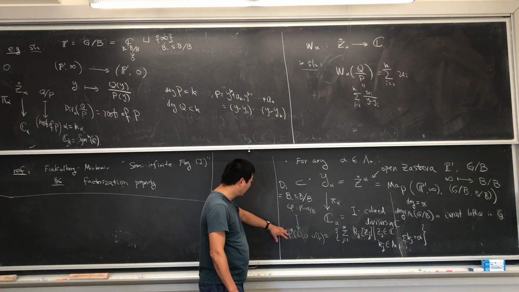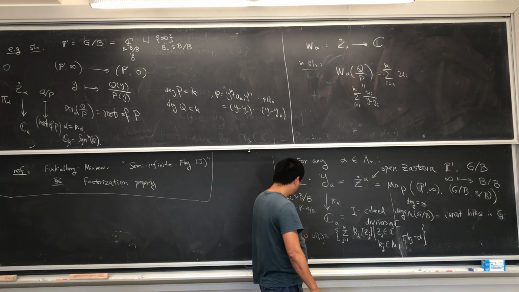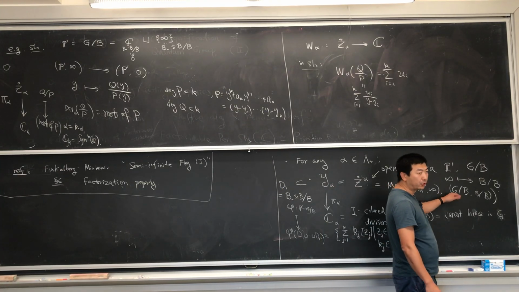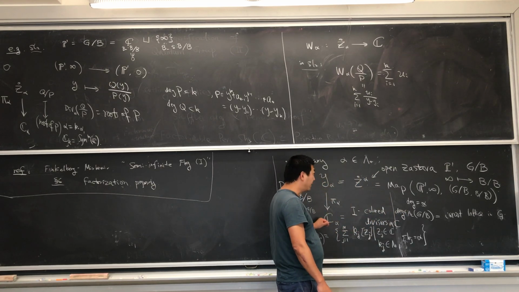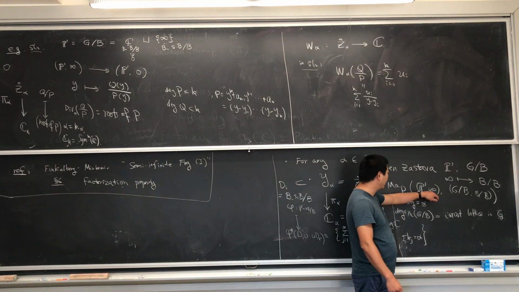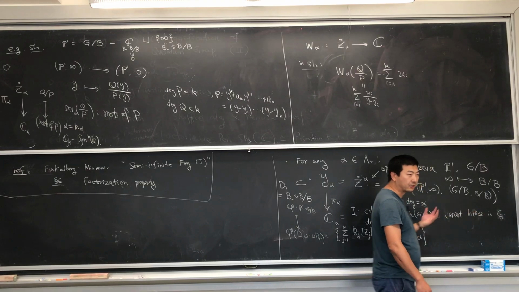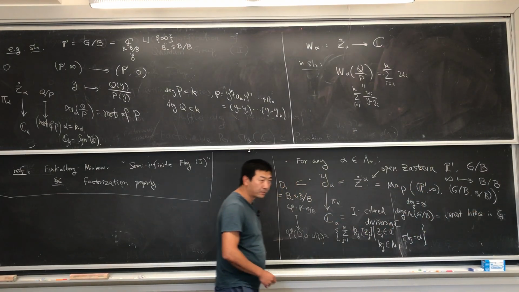We just say you have some divisor in G mod B. You pull back to get a divisor in the domain P1. Yeah, the domain infinity doesn't meet the divisor, so the divisor lands in C.